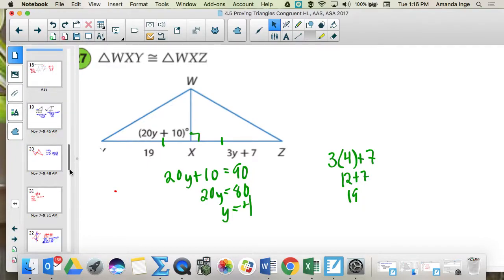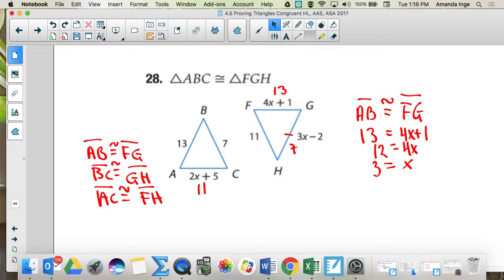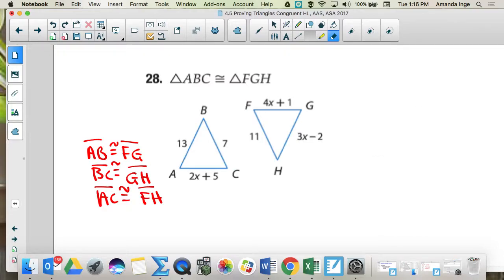All right, and the last one you had looked like this. On this particular one, they told you that ABC was congruent to FGH. So I noticed that these were all sides, so I wrote down the sides. So AB, which is 13, is congruent to FG.